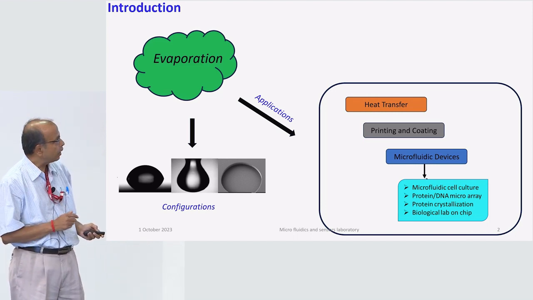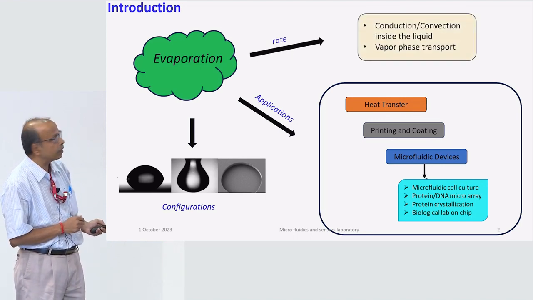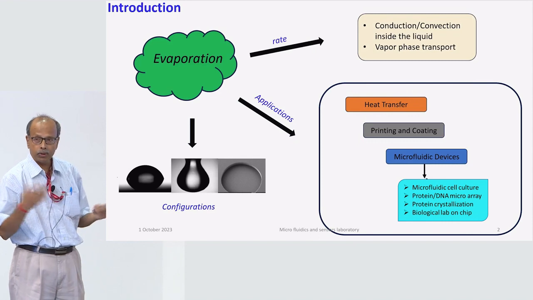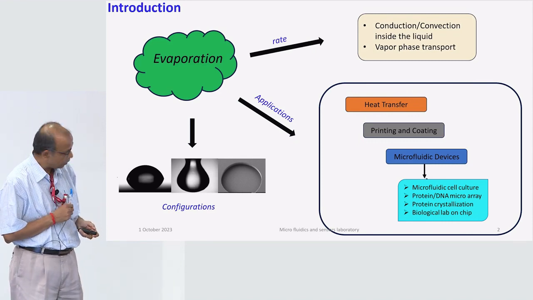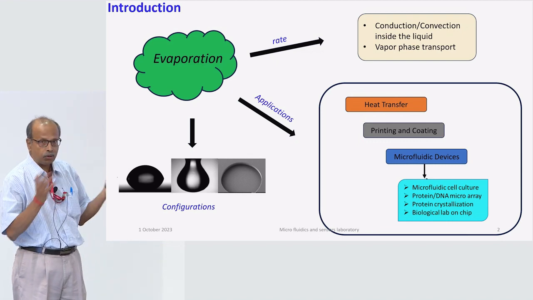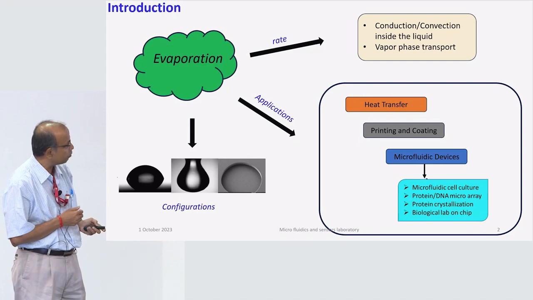As far as convection is concerned, we see the convection inside the liquid, and we also see the convection or vapor phase transport outside the liquid. So this is the domain we look into: convection in a microfluidic system.